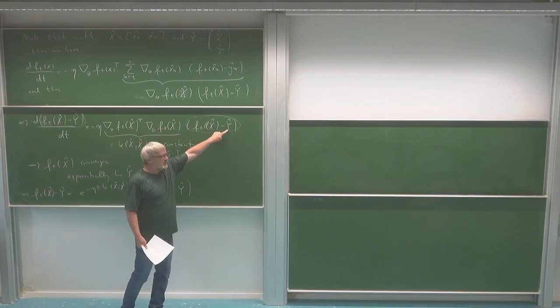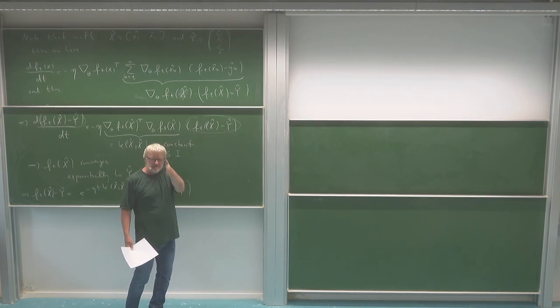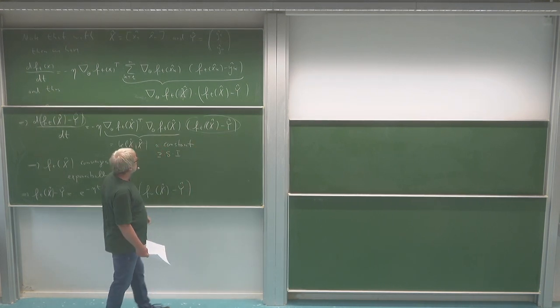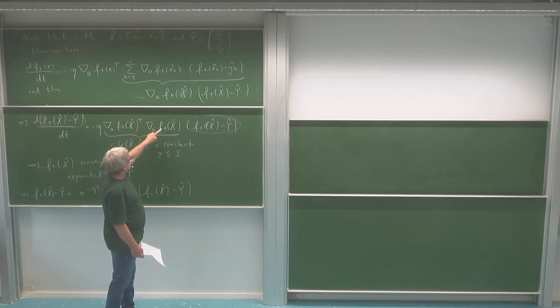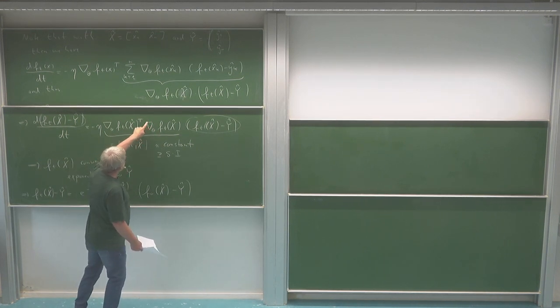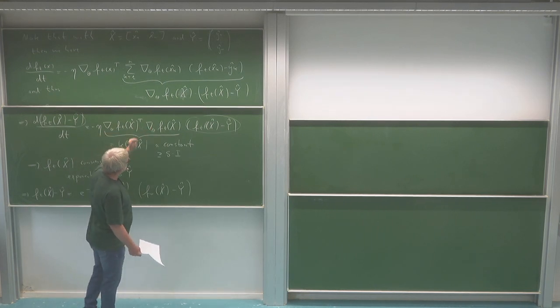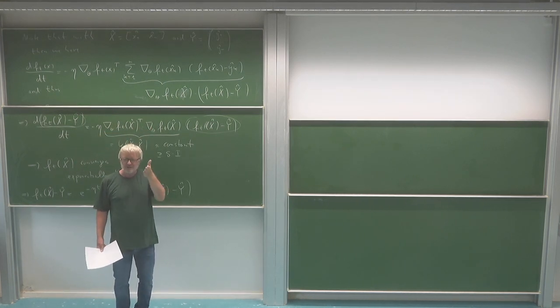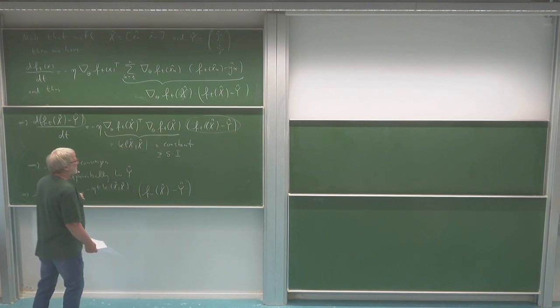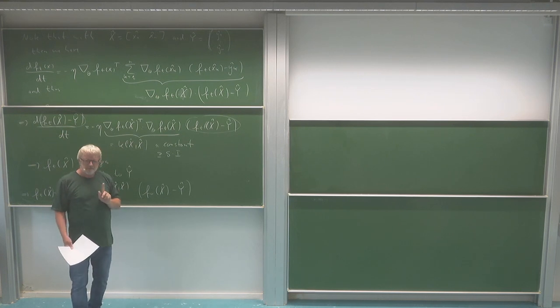f_t of x hat is an n-dimensional vector, because I'm plugging in n observations. So I get here the gradient with respect to all those, and I take here the inner product. So what I get here is an inner product for each of the n components, and so what I get here in the end is an n times n matrix.